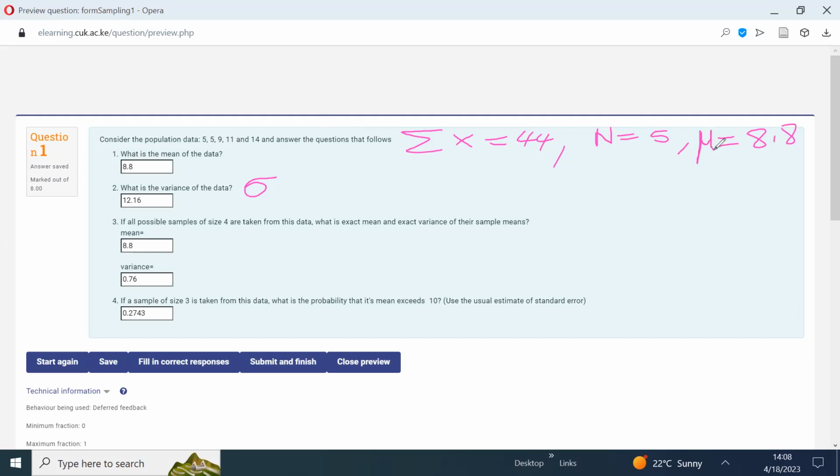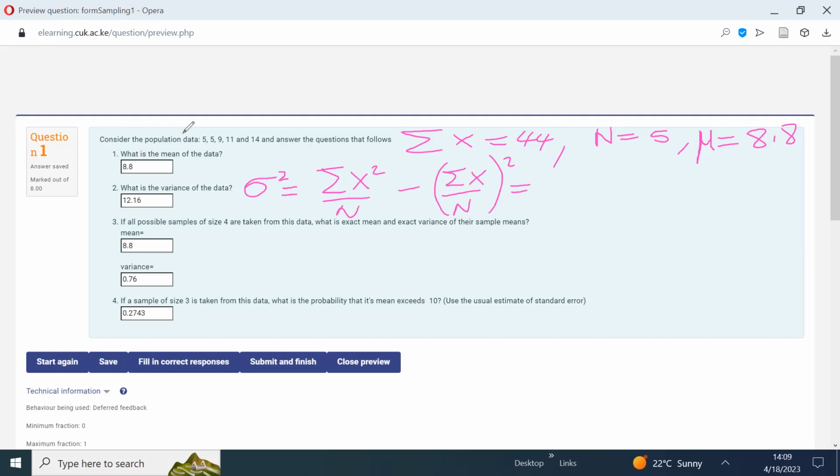Sorry for that. Now, this will be sigma squared, and it will be just 1 over capital N. In an expanded form, it is better I write it like this: sum x squared over capital N minus sum x over capital N, this part squared.